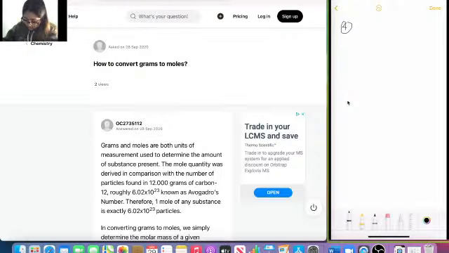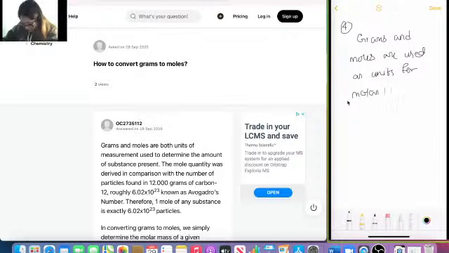The equation, we can say simply here, is that grams and moles are used as units for molar mass, right, which is grams per mole.